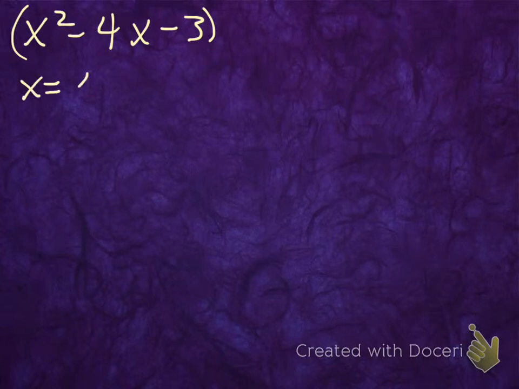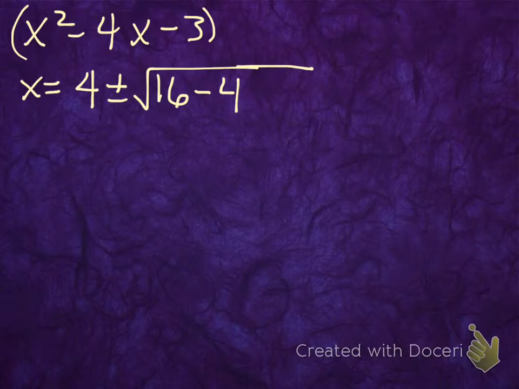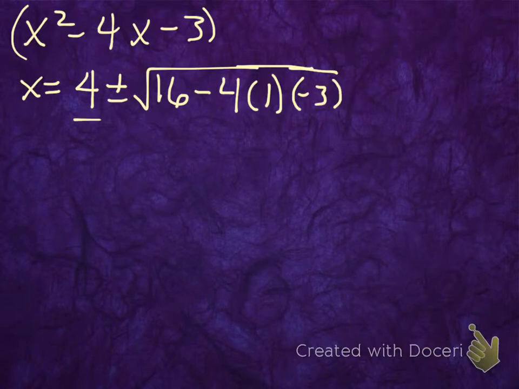x equals negative b, which would be positive 4, plus or minus the square root of b squared, which would be 16, minus 4 from the quadratic formula, times a, which is 1 in our trinomial, times c, which is negative 3 in our trinomial, all over 2.